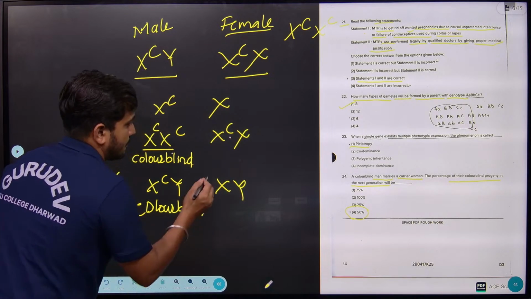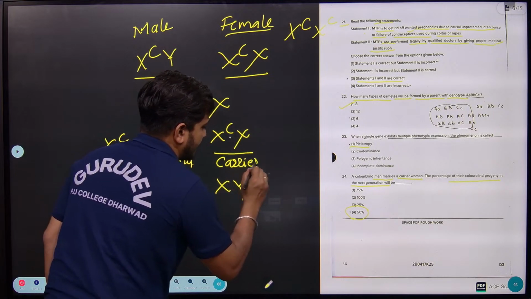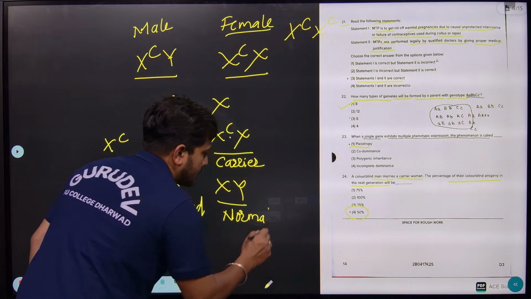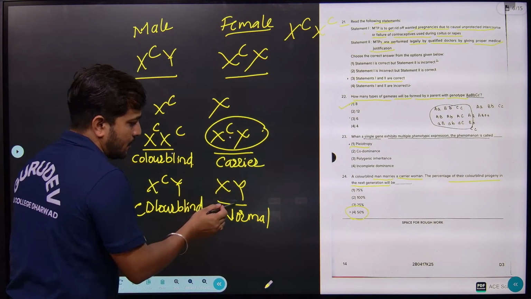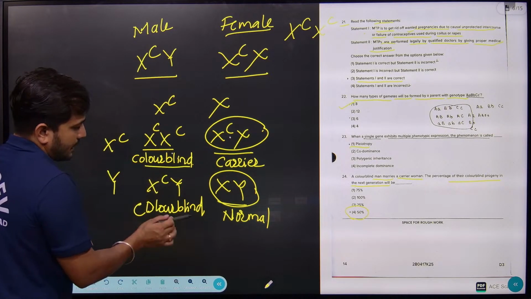But these two: this is a carrier, and this is normal. So one female is a carrier and one male is normal, but two of them are color blind.